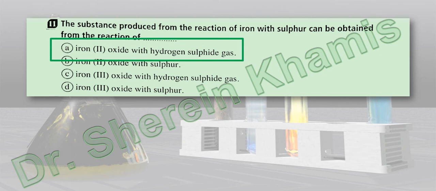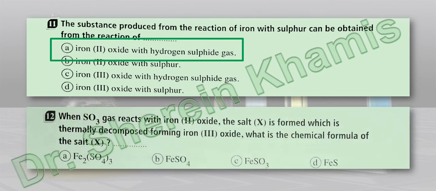Let's go to question number 12. When sulfur trioxide gas reacts with iron 2 oxide, the salt X is formed, which is thermally decomposed to iron 3 oxide. What is the chemical formula of the salt X?